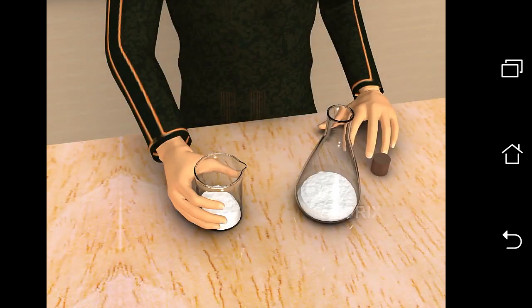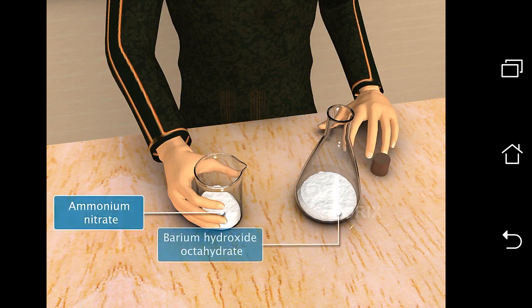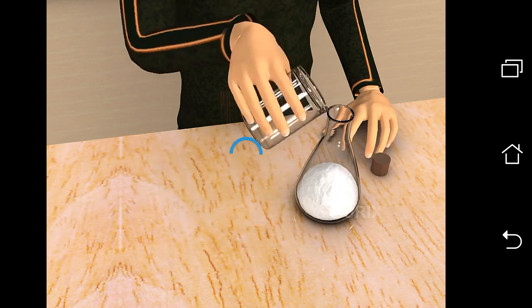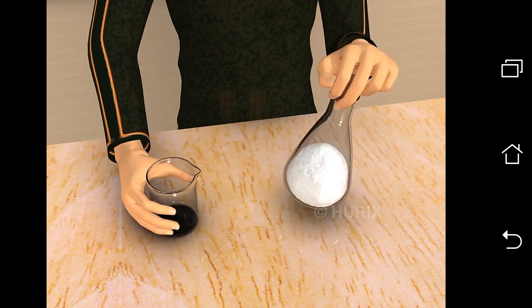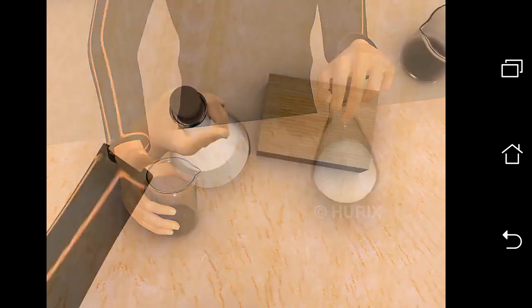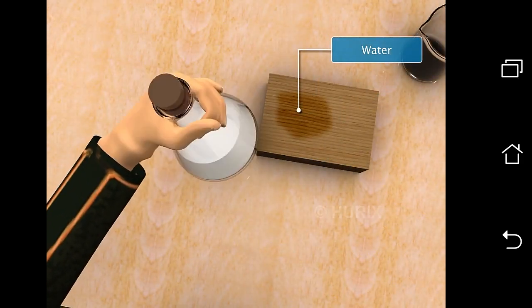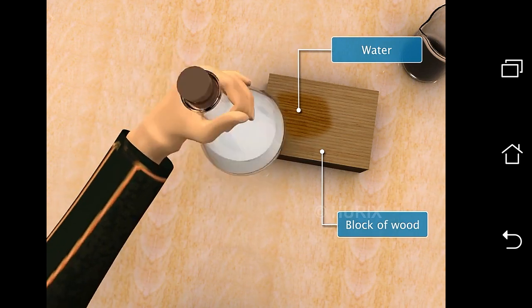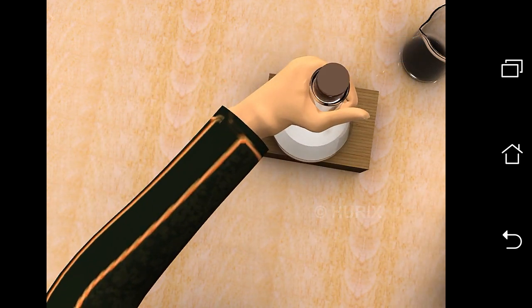Let us see what happens when two solid compounds, ammonium nitrate and barium hydroxide octahydrate, are mixed vigorously. Sprinkle water on a small block of wood and allow the flask to stand on it for some time.